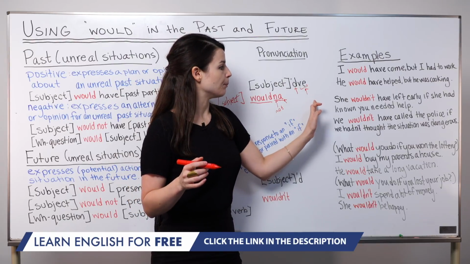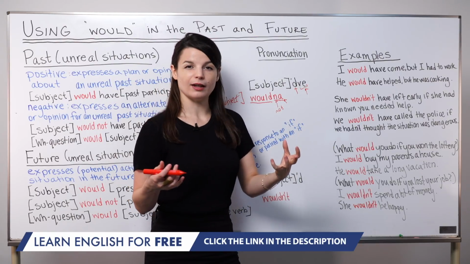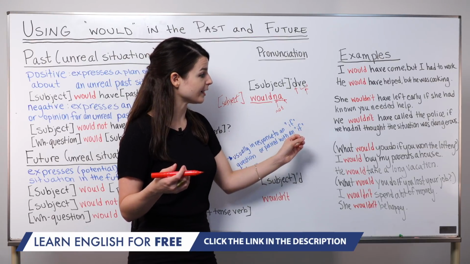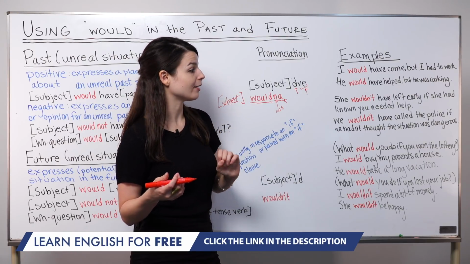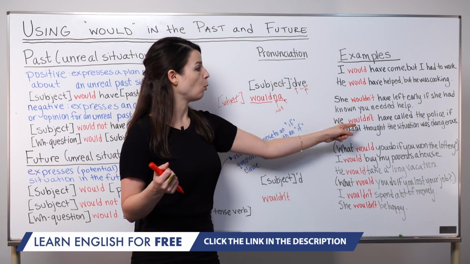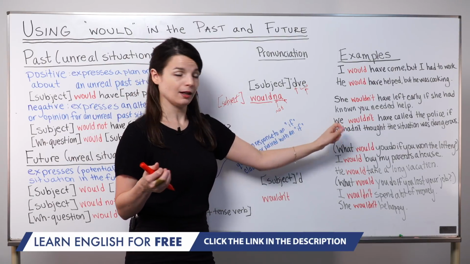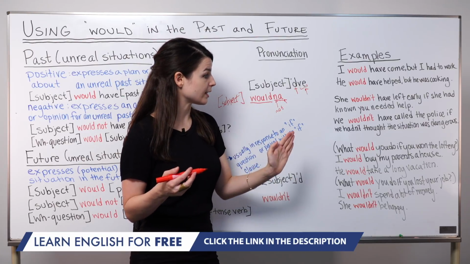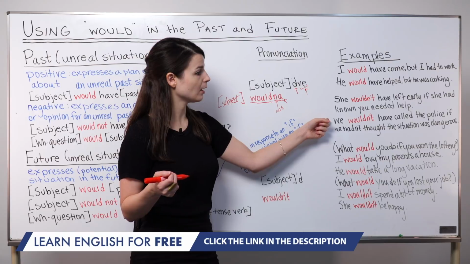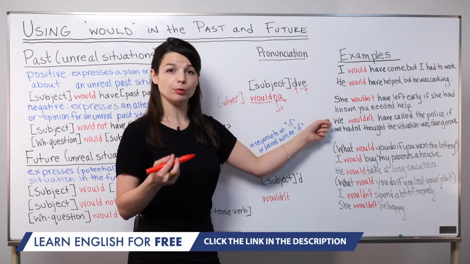So let's continue on to see another example of this. We wouldn't have called the police if we hadn't thought the situation was dangerous. Here, we wouldn't have called the police.